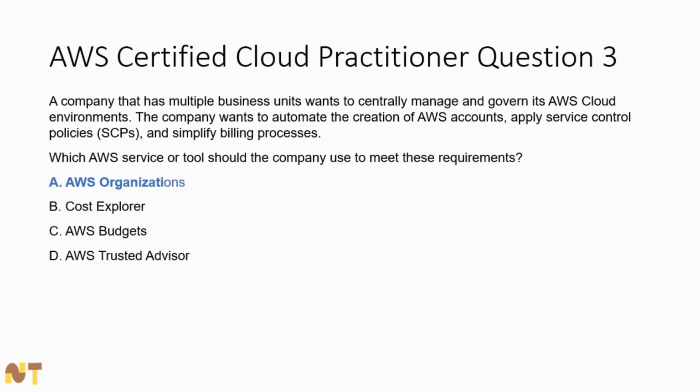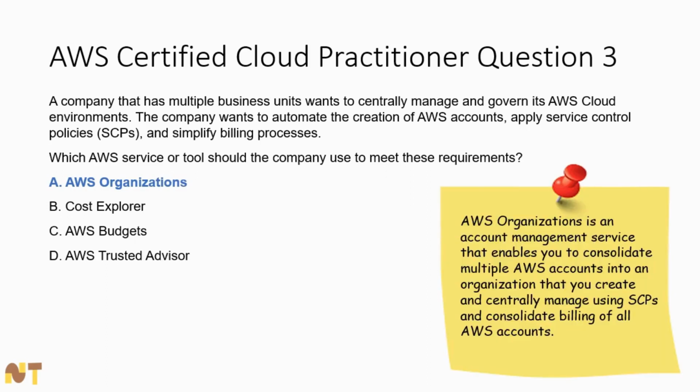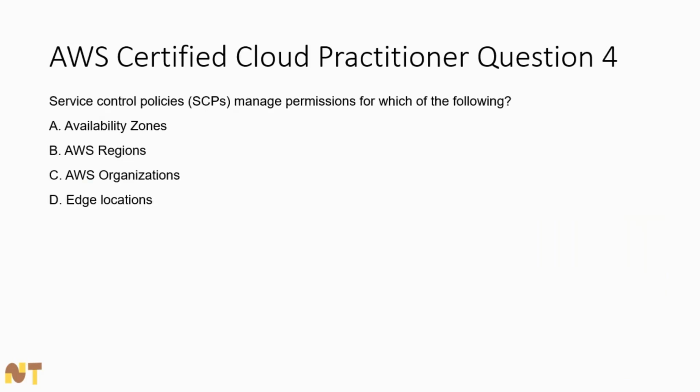Here, the correct answer is A. AWS Organizations. It is a service that enables you to consolidate multiple accounts into a single organization that you can create and centrally manage. It also includes account management and consolidated billing capabilities that enable you to better meet the budgetary, security, and compliance needs of your business. So, the correct answer is A. AWS Organizations. Moving on to the next question.